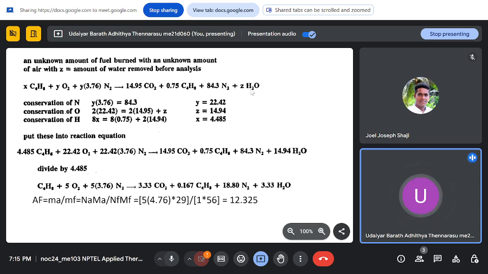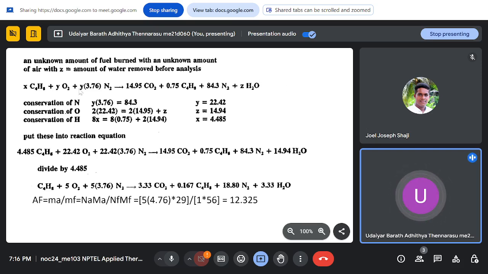Doing a nitrogen balance, we can find out straight away the Y amount, how much air is being used. So Y into 3.76 equals 84.3. This gives you Y as 22.42. Then similarly for oxygen, when you balance oxygen, we can find out the Z value, the amount of water which is formed.